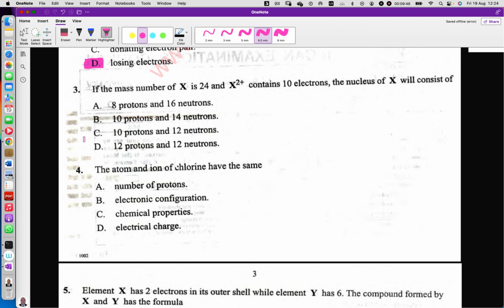It should be noted that the mass number is 24, and the ion, which is X2+, contains 10 electrons.